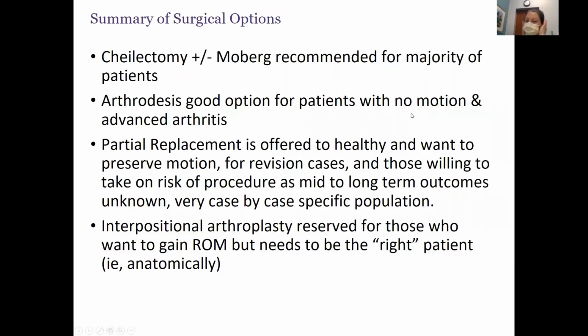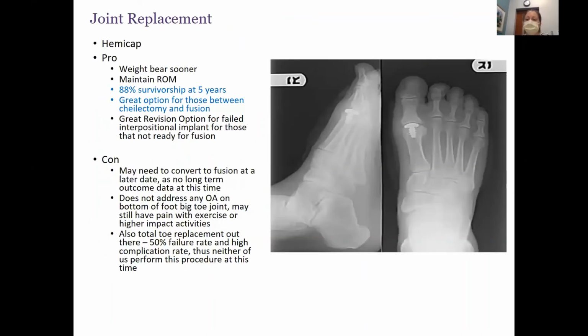In addition, there is something also on the market called an interpositional arthroplasty. It's very similar to the partial joint replacement. What it is, it's a silicone implant that sits right in the joint right here. I did perform this for a few years.